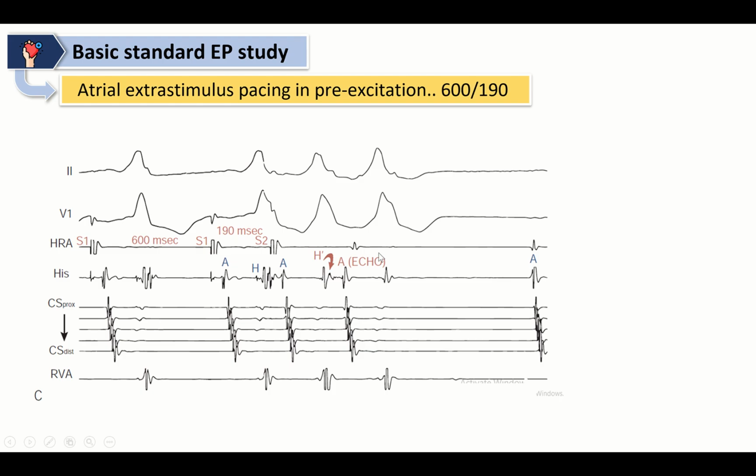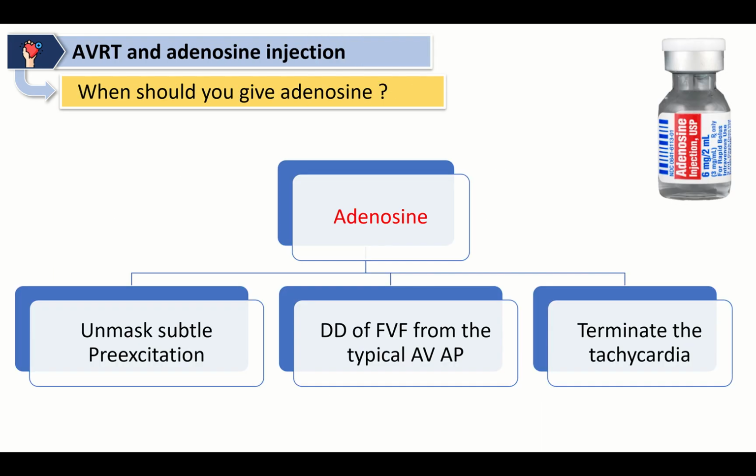What happened? Manifest pre-excitation. The HV interval becomes a more negative value. Why? Because conduction now is through the accessory pathway, mainly, even retrograde conduction to the AV node.